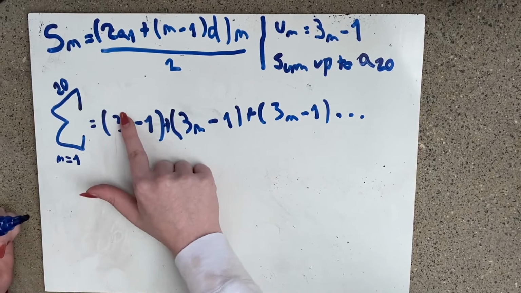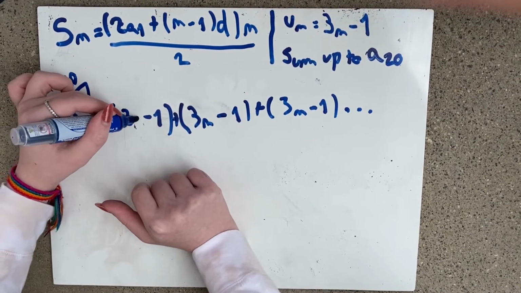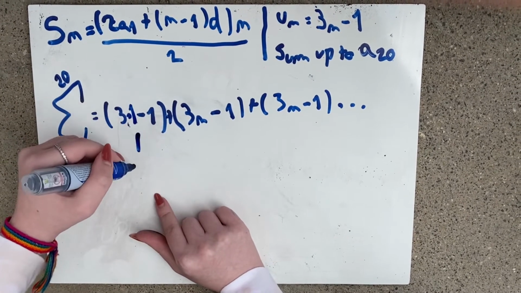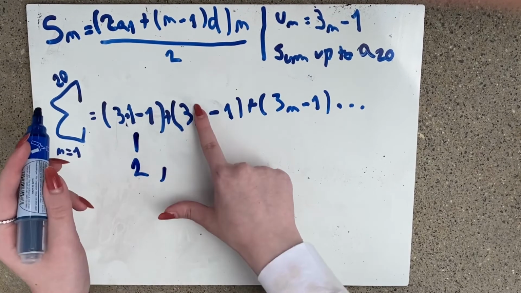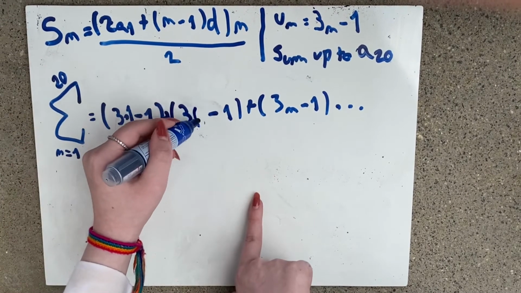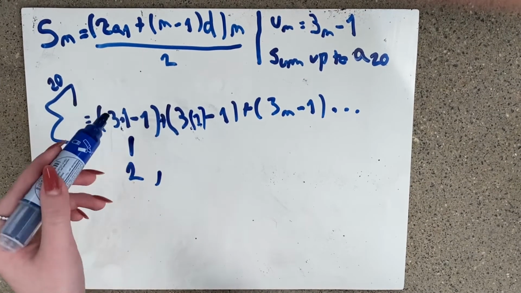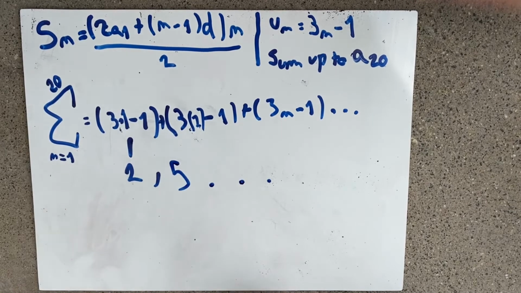So for example, if you substitute this n for 1, it's going to be 3 times 1 minus 1. So this is going to be 2. So the first number in your sequence is 2. If you substitute this one by 2, then you're going to have 3 times 2, 6, minus 1, 5. And so on and so forth. And this is how you get to your sequence.